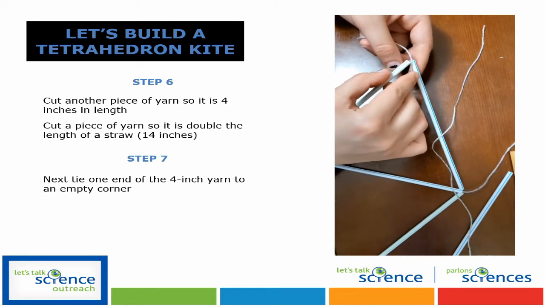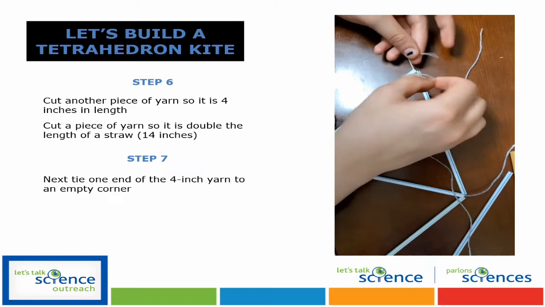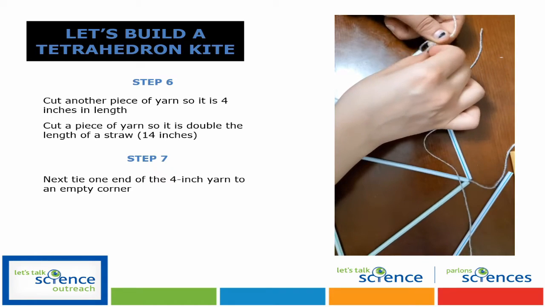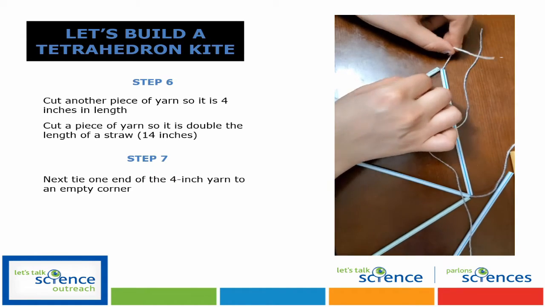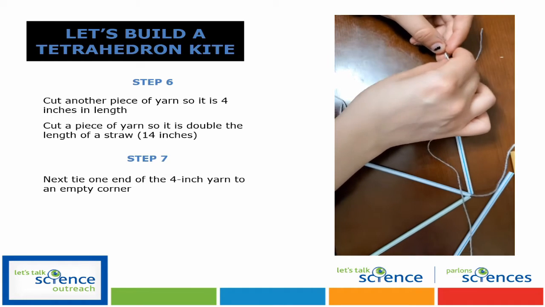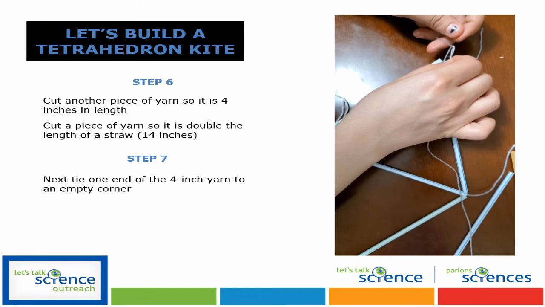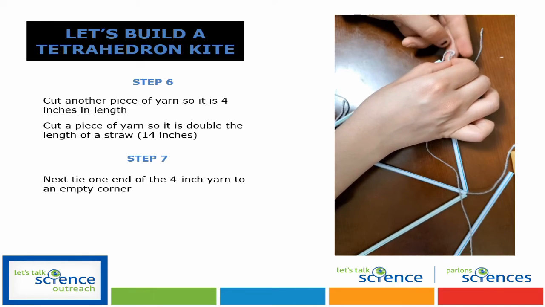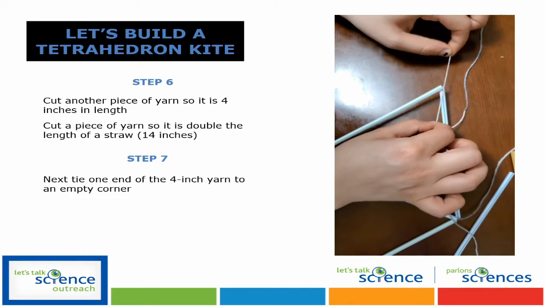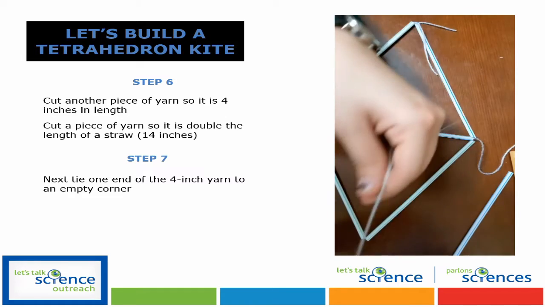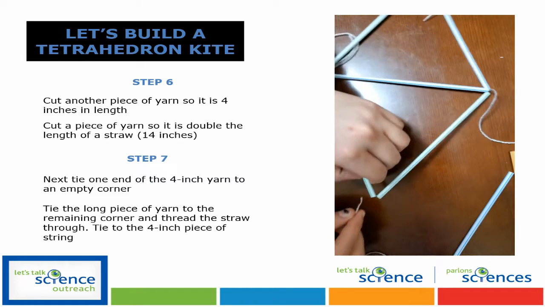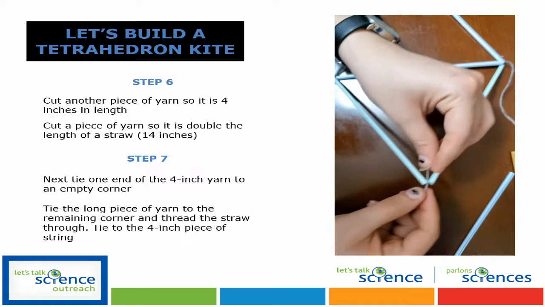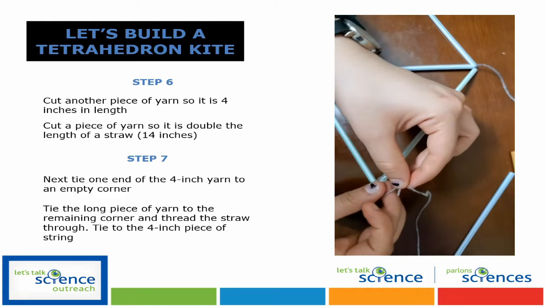Next, we are going to tie one end of the 4-inch yarn to an empty corner, just like we've done before. Next, we'll tie the long piece of yarn to the remaining empty corner.